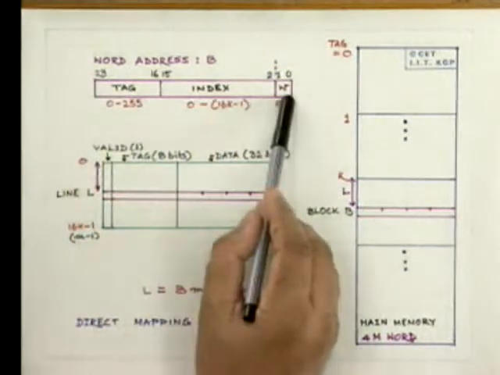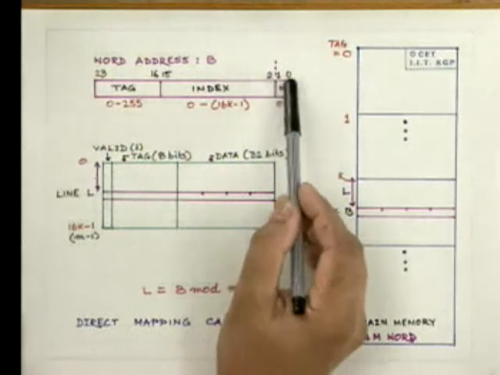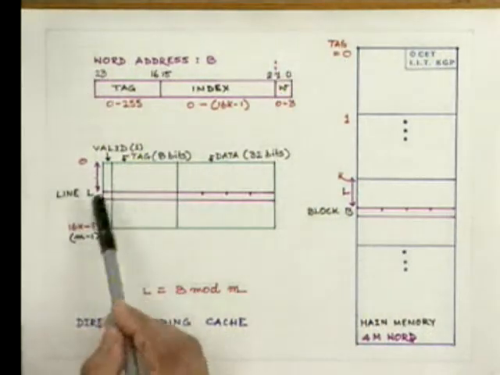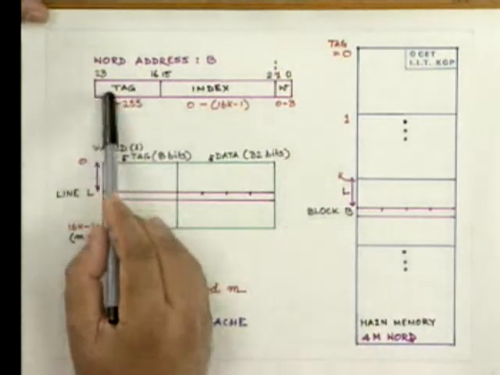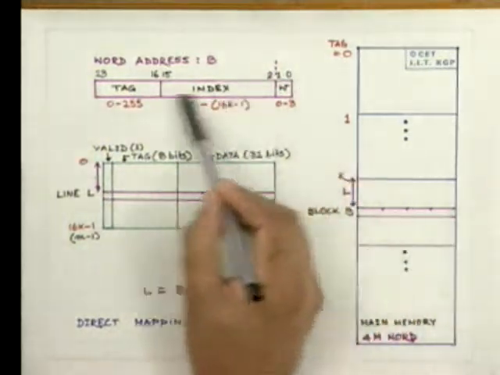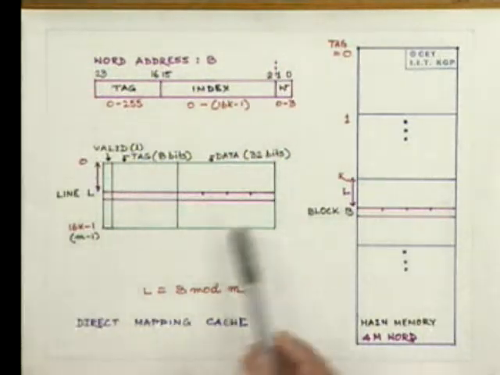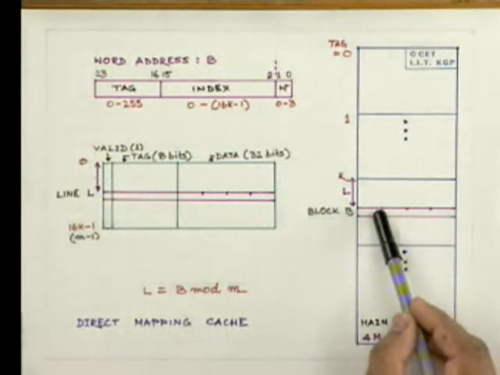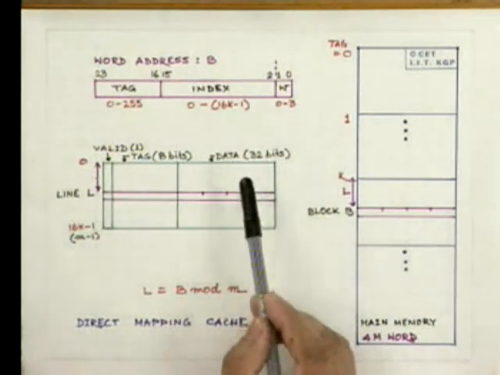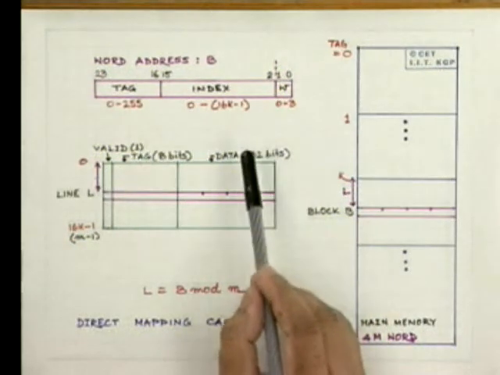Say here we have taken the address of the computer, and let's assume that it's a 24-bit address, that means from 0 to 23, which essentially means addressing can be done for 16 megabytes. Now we assume that every byte is accessible, and also a word consisting of 4 bytes is accessible.